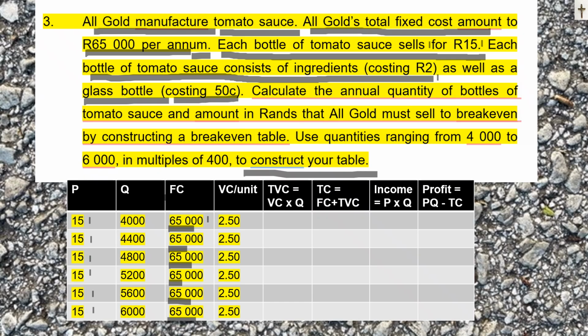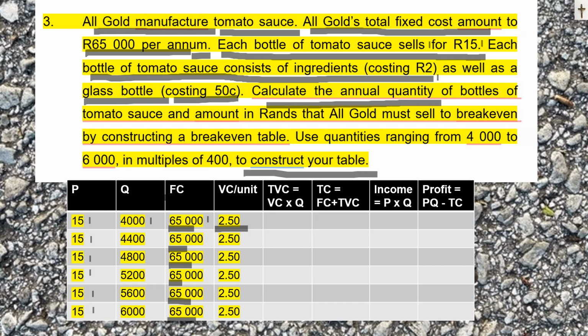Now if you add the two together, 2 Rand plus 50 cents is 2 Rand 50. Now these variable costs will differ when it comes to how much quantity is produced or sold.